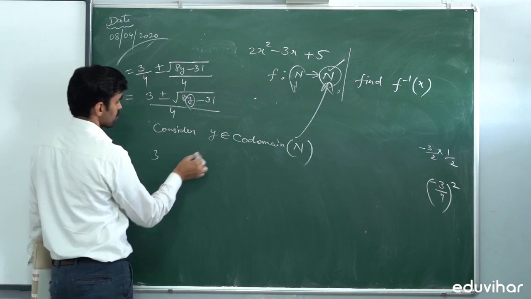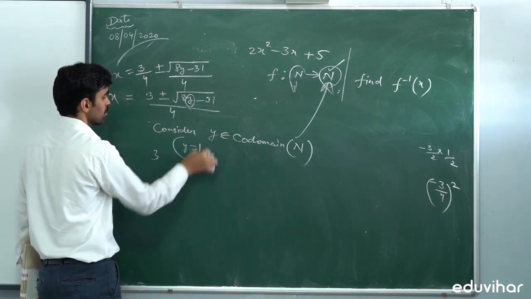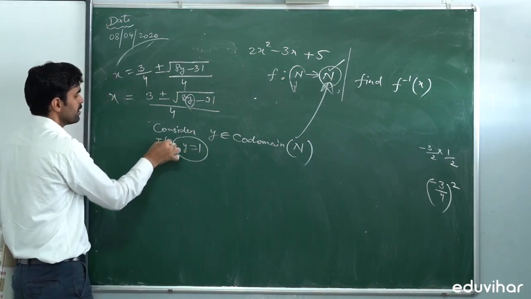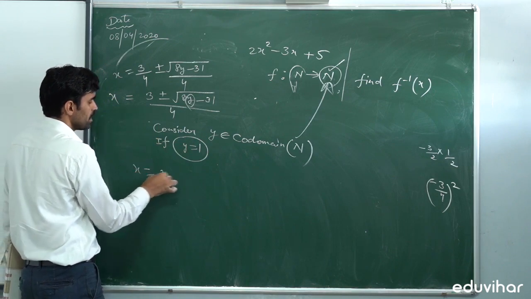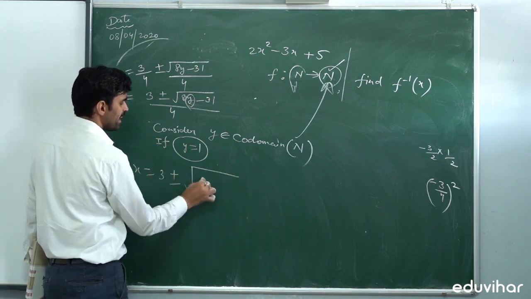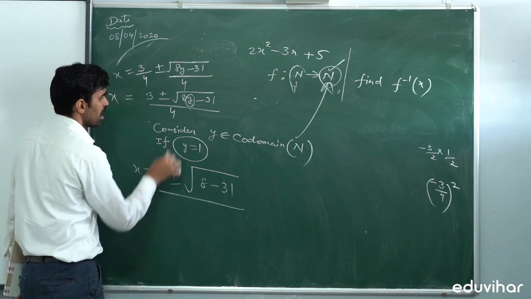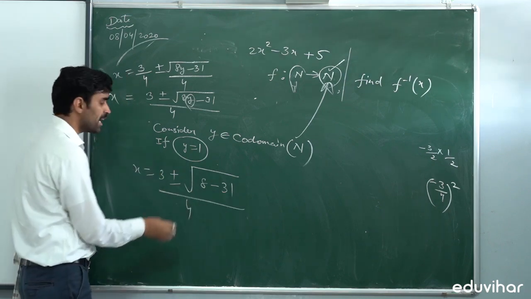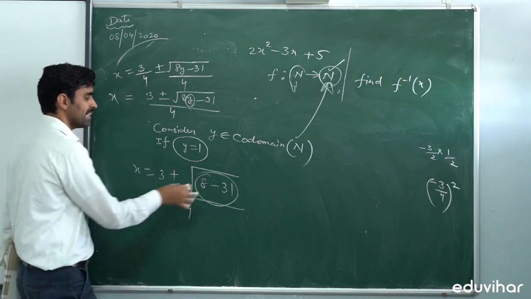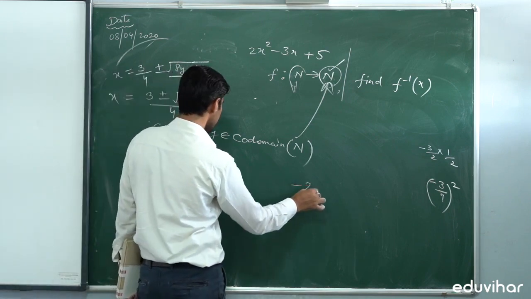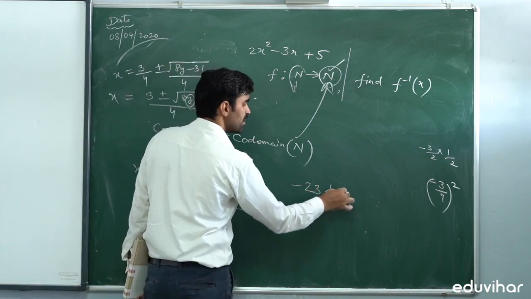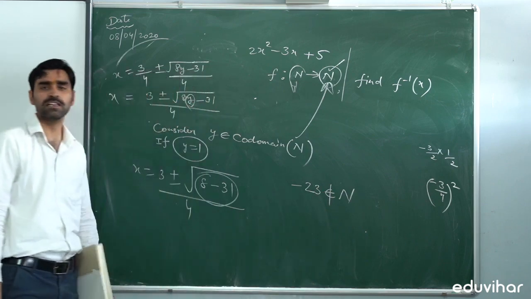Okay, consider y equal to 1. If y equal to 1, then we have x equal to (3 plus minus root of 8 minus 31) upon 4. We would have 8 minus 31, that is minus 23, which does not belong to the set of natural numbers.